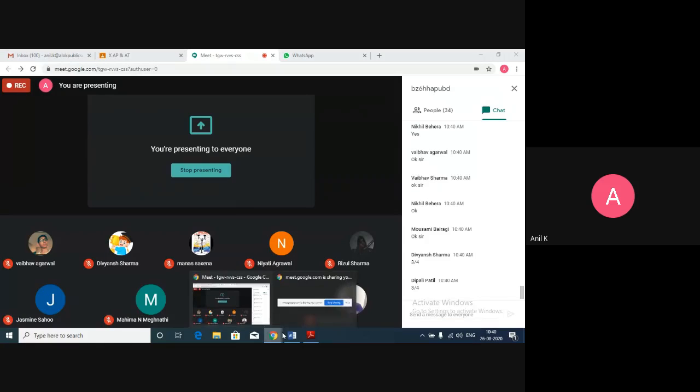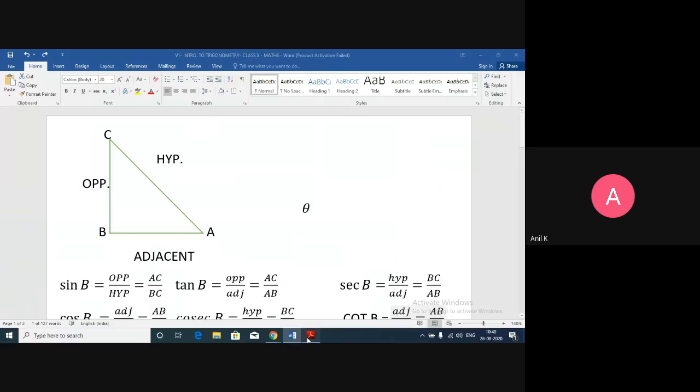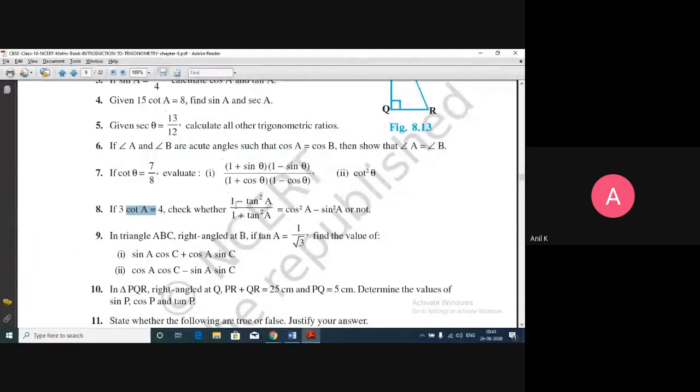So once you get that the tan value is 3 by 4, then you substitute here: 1 minus 3 by 4 whole square upon 1 plus 3 by 4 whole square. So that means you will get 1 minus 9 upon 16 upon 1 plus 9 upon 16. Take the LCM, then simplify.